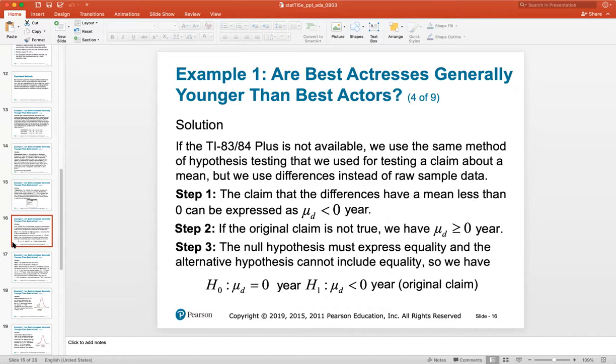Okay, and then step one. Step one through step three is pretty much about figuring out the null hypothesis and the alternative hypothesis, and which one represents the original claim. So here, the original claim is mu sub d is less than 0, so that must be H1, right?